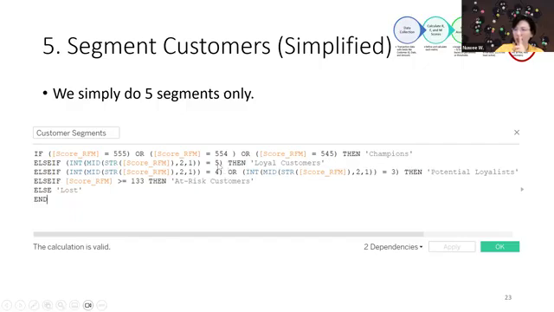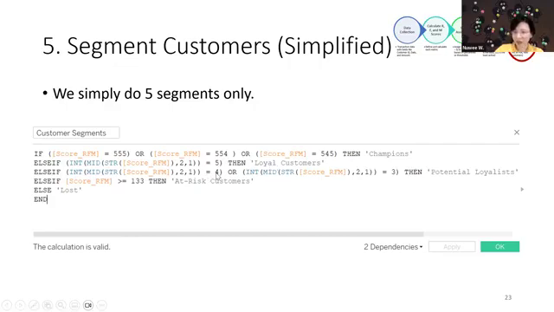If the second position is 5, then I call them loyal because the second one is frequency. If he's not a champion but he's frequent, then I just call him loyal. I don't care whether he came recently or how much they spend with us.